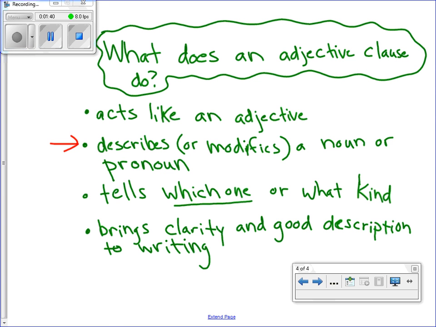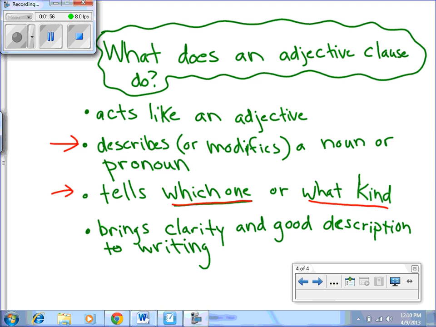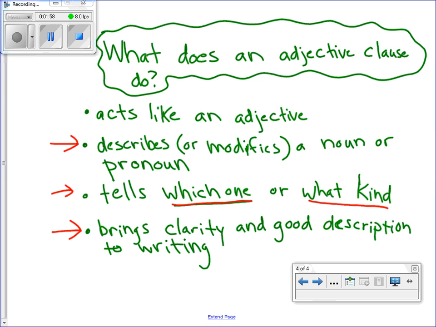Remember, an adjective describes or modifies a noun or pronoun. It tells which one or what kind. It brings clarity and good description to your writing.